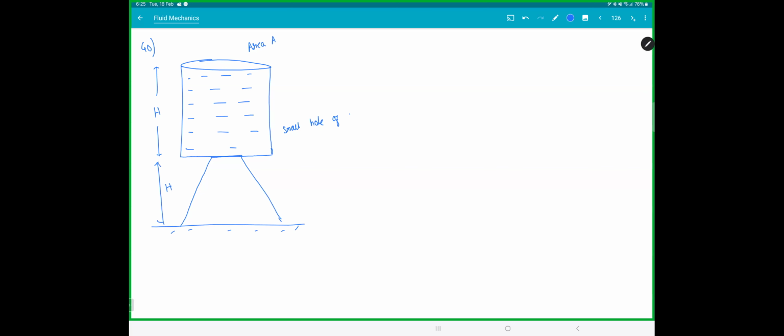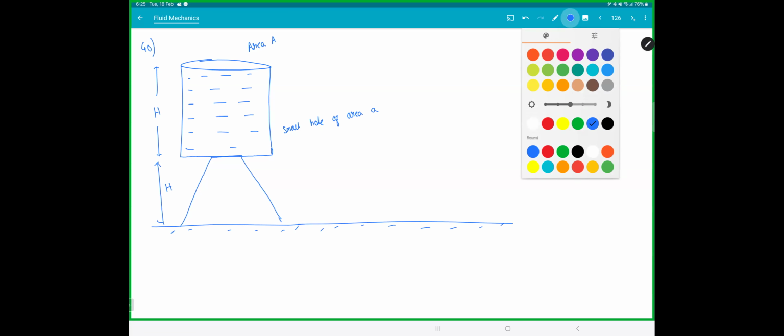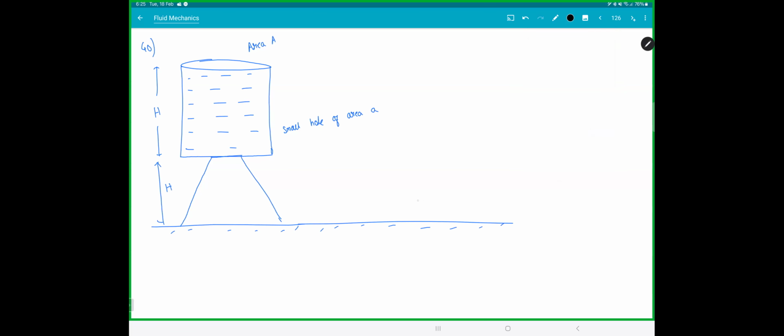This is a small hole of area small a. Somewhere here you kept a bucket, a container whose width is h. You can neglect the height, and this distance is h by 2.